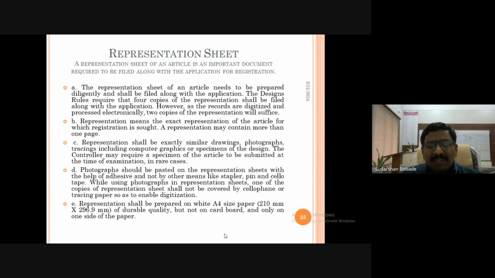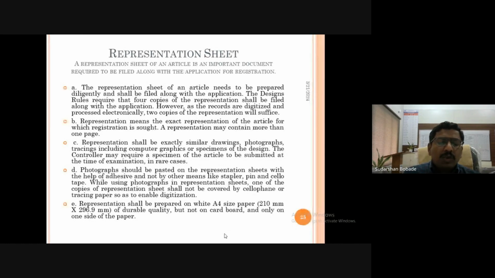Similar is the case with the quality of the paper and the printer. So when we are submitting the representation sheet in offline mode, the color combination on each and every representation sheet should be similar. If it is not matching, they will get confused and there will be an objection related to the submission.